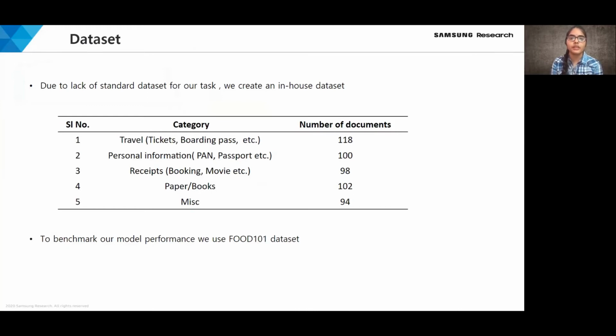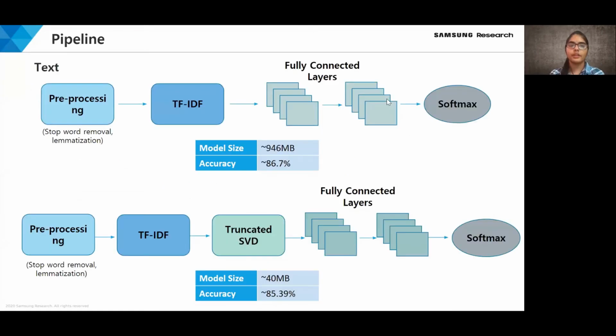But to actually measure the efficacy and benchmark the performance of our multiple modalities model, we needed a data set which contains multimodal features. So for this, we choose the Food 101 data set, which contains the images and recipes of 101 popular food categories.